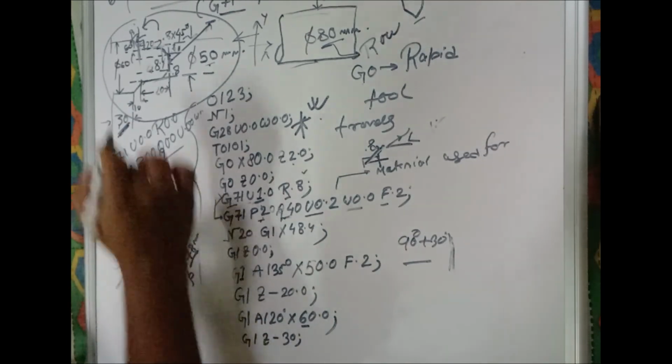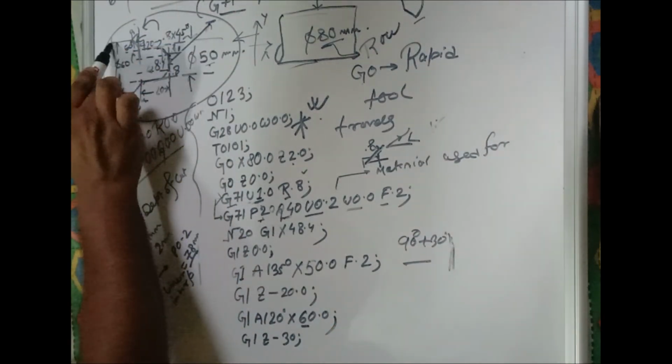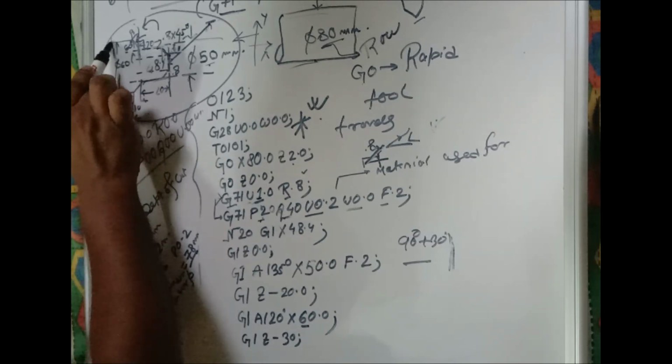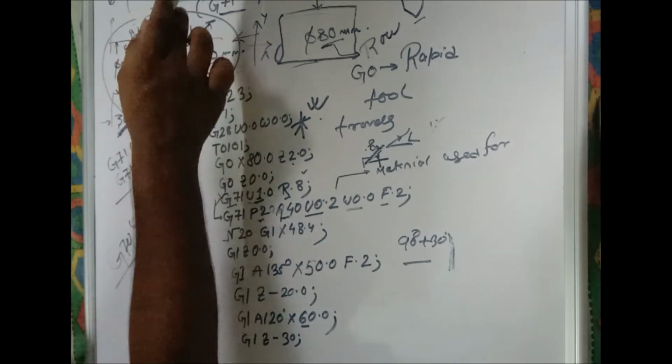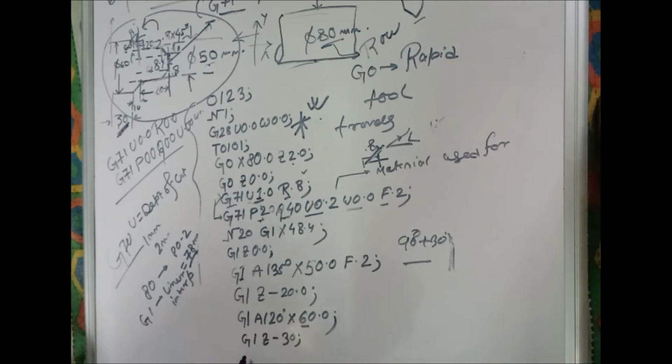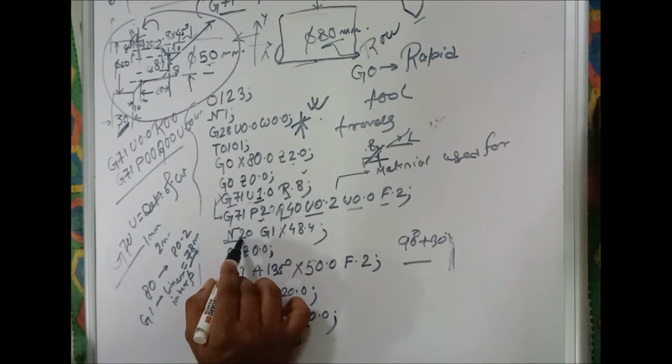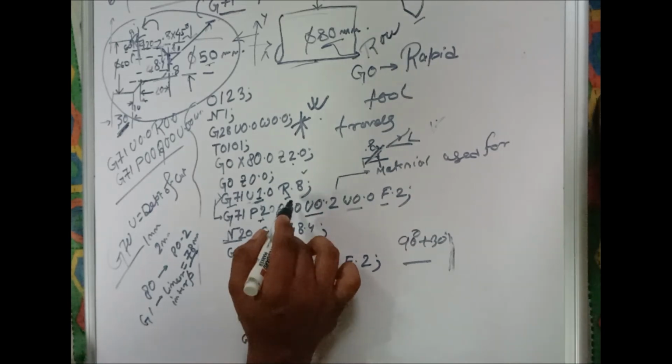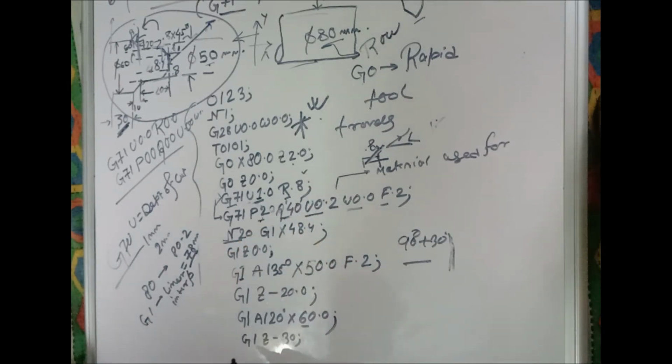After the cutting, the tool will move to the home position. Then we have started the sequence with N20, and there is a marking of N40. N40 will be the last path. Then what is the value of this?